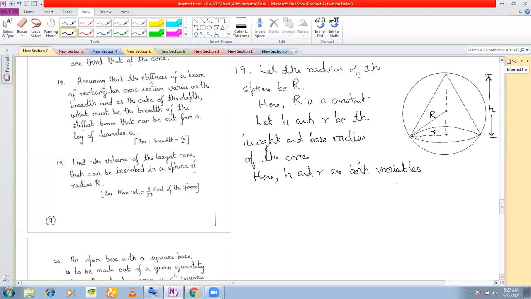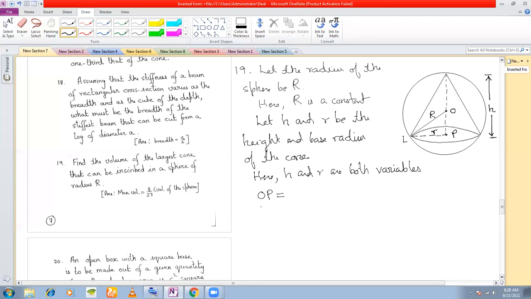So now what can you say? In this triangle, let us call the center of this as O, let us call this as P, and let us call this as L. Now if you see in this triangle OLP, what is the relation between small r, capital R and h?